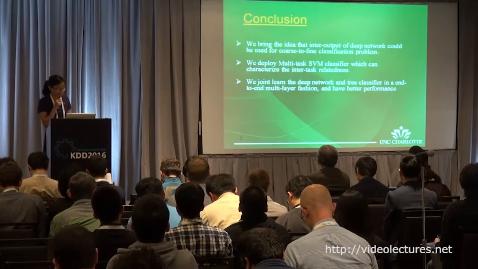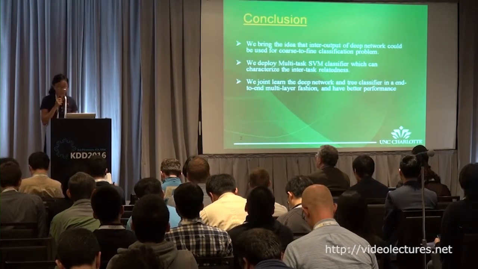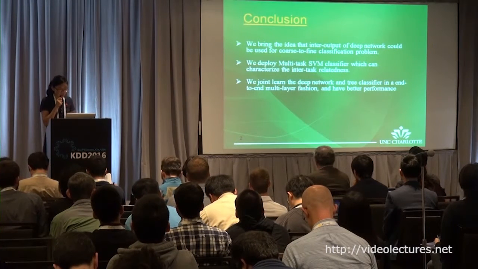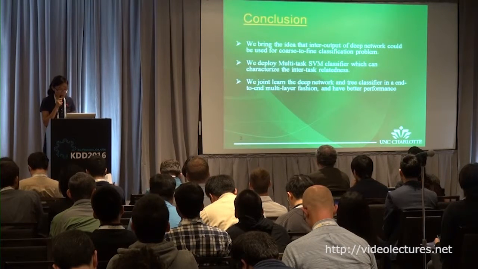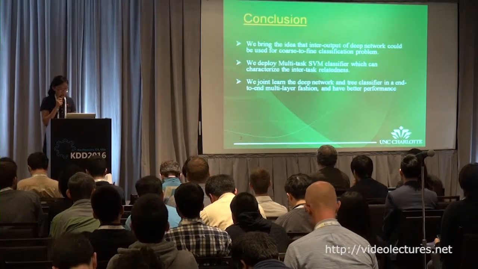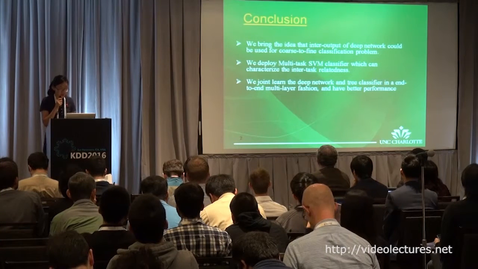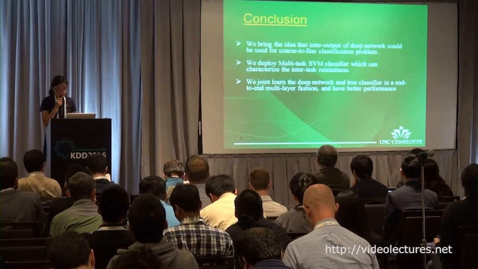In summary, in our paper, we bring the idea that the inter-output of the deep network could be used for coarse-to-fine classification problems. Then we deploy the multitask SVM classifier, which can characterize the interclass relationships.